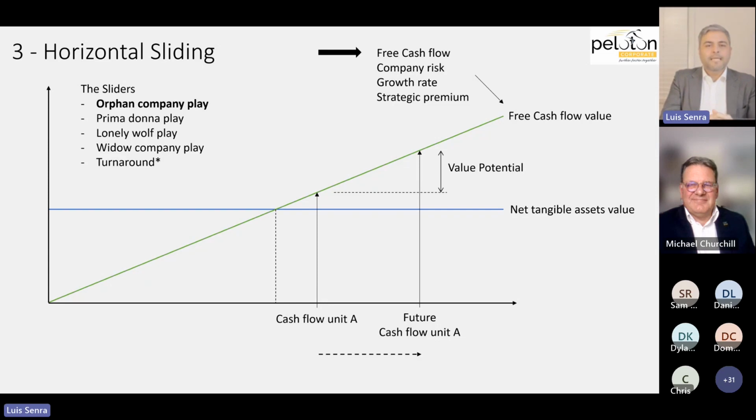Prima donna play is when you have usually the CEO that is, let's call, a peacock that thinks that they know everything, and it's impossible that someone knows everything that you need to create value, because value is a really wide topic.